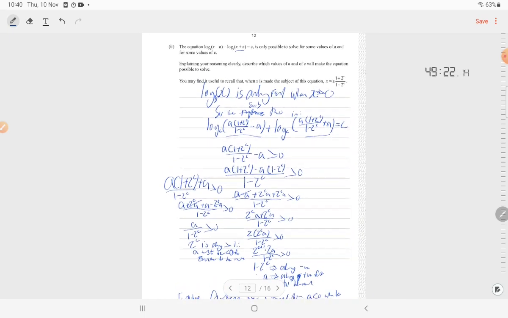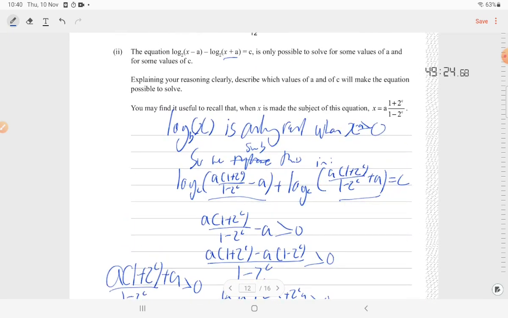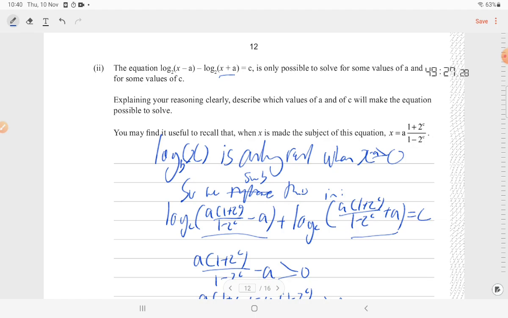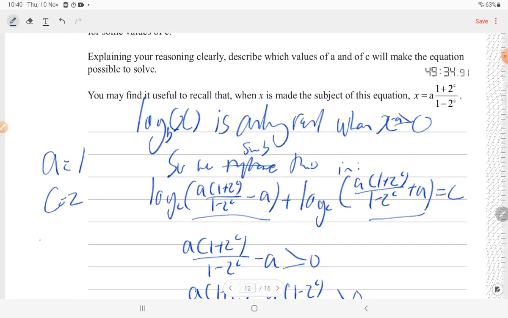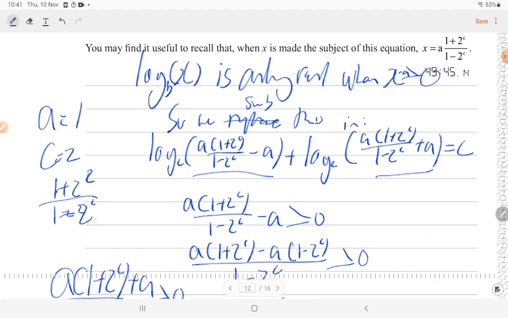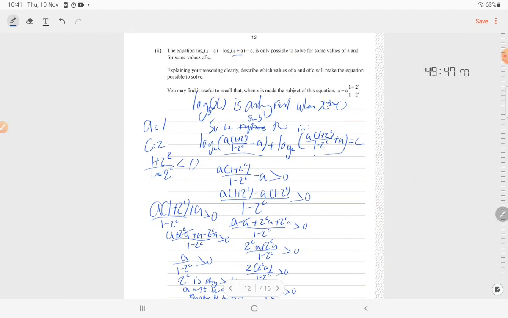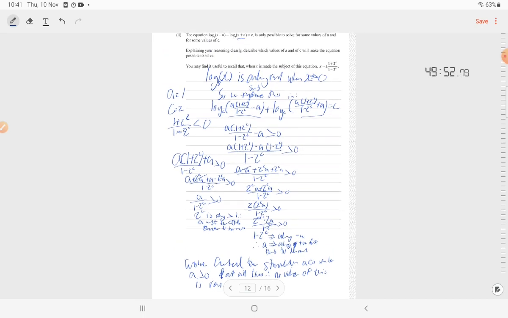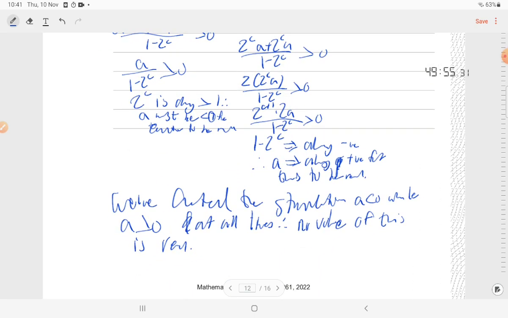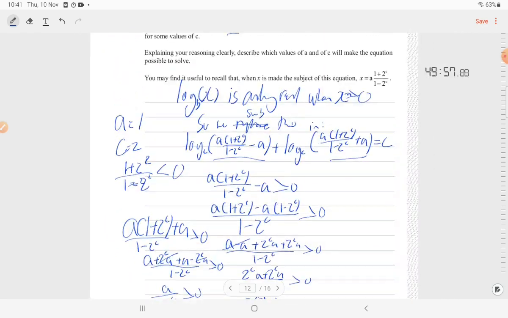Because literally, a equal to 1 and c equal to 2, that means 1 plus 2 to the power 2 over minus 2, 1 minus 2 to the power 2, which is less than 0. Surely there's no solutions.